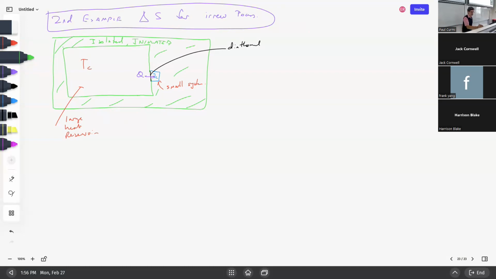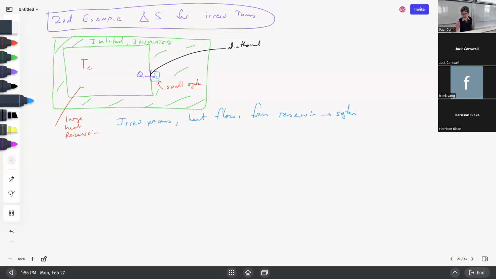Okay, so I've got an irreversible process, and heat flows from reservoir to the system. And this keeps going until T system is equal to T hot.